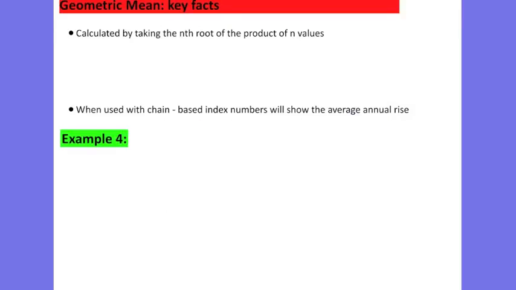The geometric mean. The geometric mean is calculated by taking the nth root of a product of n values. What does this mean? So if n equals 4, we will have the fourth root of the product of the values multiplied 4 times, because we have 4 values.